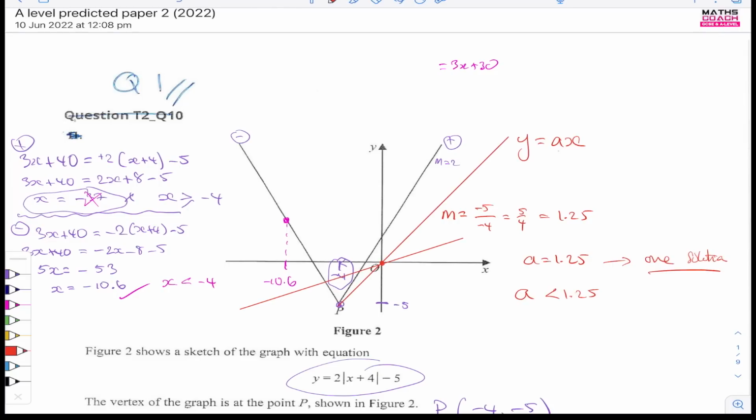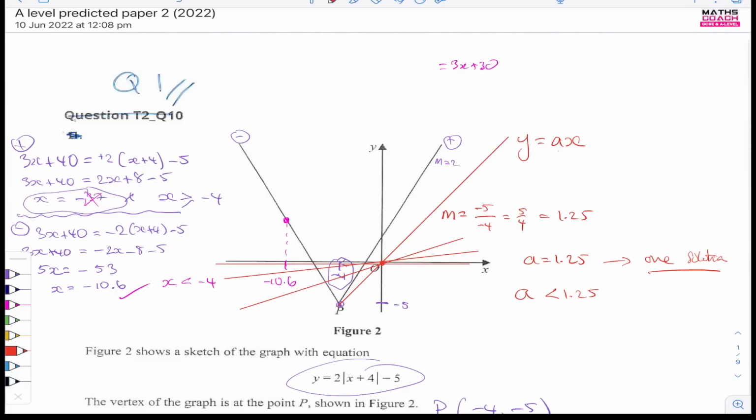That's a smaller gradient, and then an even smaller gradient, until it's a flat line. When it's a flat line, what's the gradient? The gradient is 0. So when a is less than 1.25, how many solutions do we get in each case? There are 2 solutions because there are 2 points of intersection.